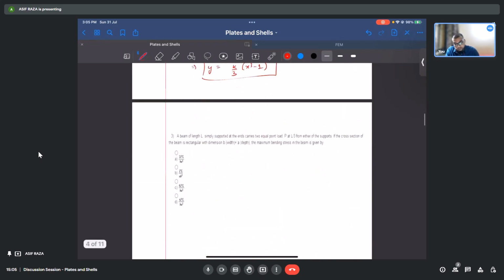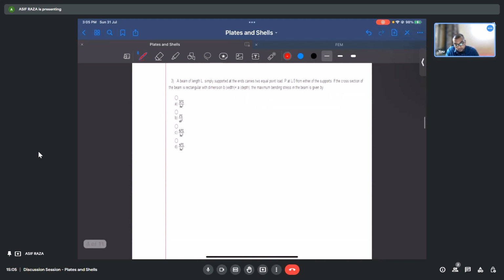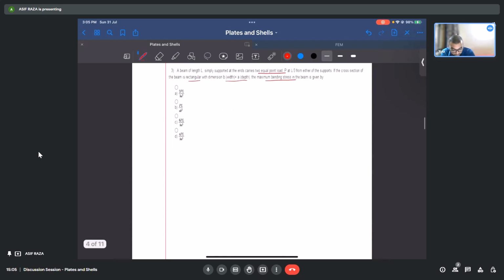Now let's solve question number 3. Question number 3 is: a beam of length L simply supported at the ends carries two equal point loads P at L by 3 from either of the supports. If the cross section of the beam is rectangular with dimension B and A, the maximum bending stress in the beam is given by. So let's draw what is given.